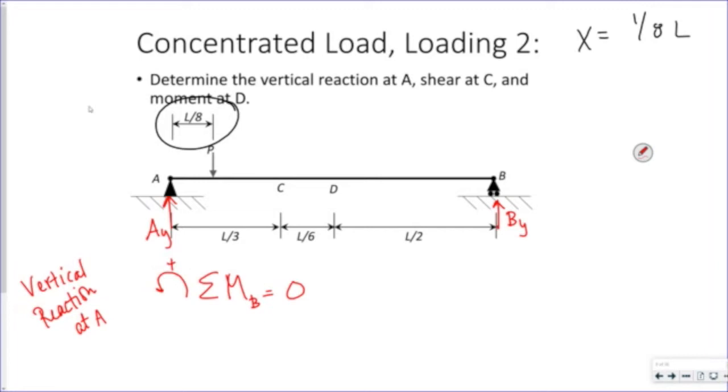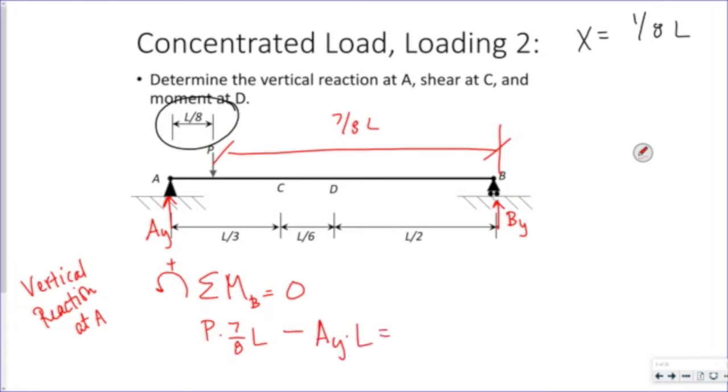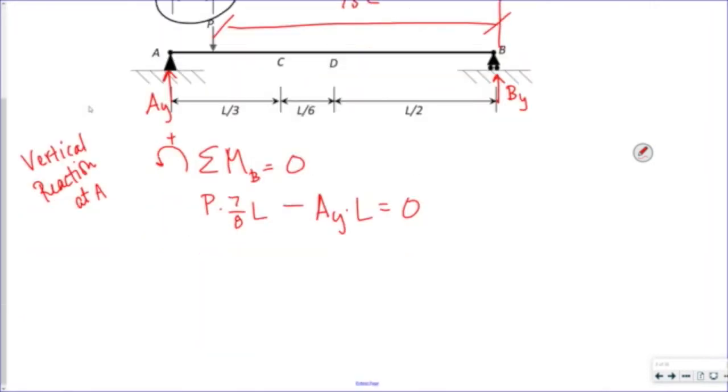I have P acting at a distance 7/8 L, L minus 1/8, so 7/8 L. And that's acting counterclockwise, so it's positive, and then acting clockwise, so it's negative, I have AY acting at a distance L. All right. So AY is equal to 7/8 P.